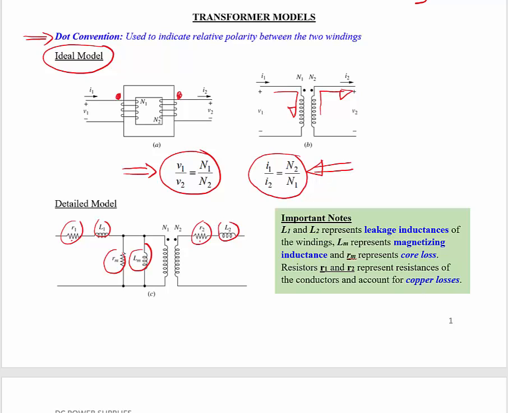Not all these parameters are going to be used in the analysis of the DC power supply. For the flyback converter, one of the most important parameters we are going to be using when analyzing the flyback converter is going to be the magnetizing inductance.